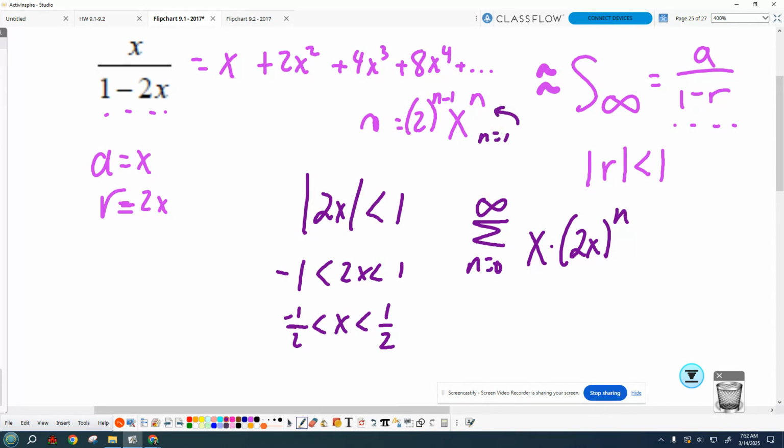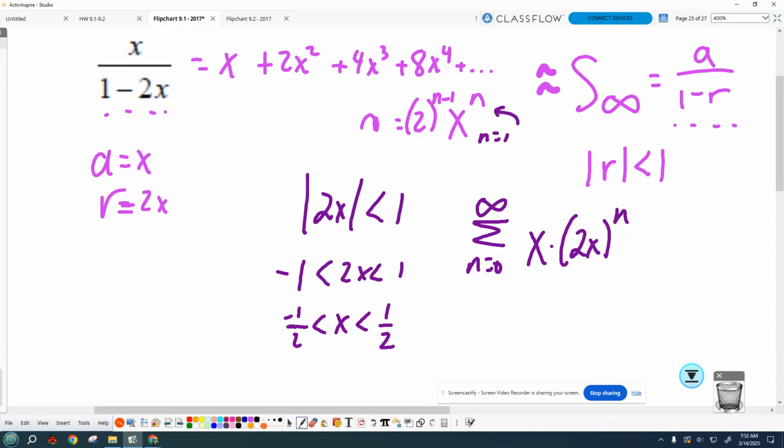So the one that Debbie suggested, her n index would have started at 1. Amelia's would start at n is 0. It's the same thing. Okay?